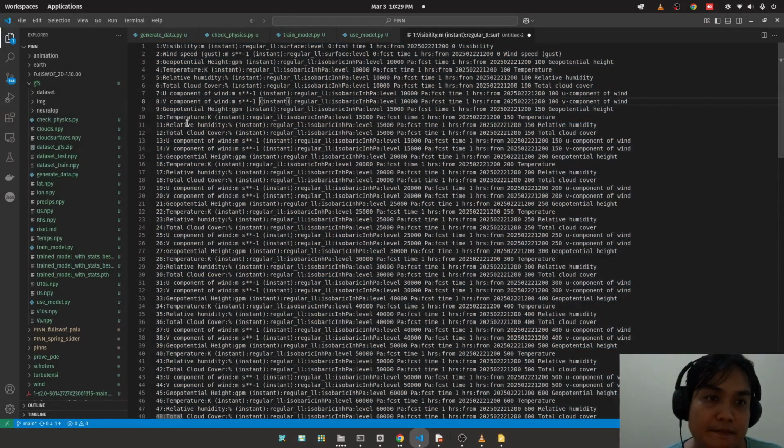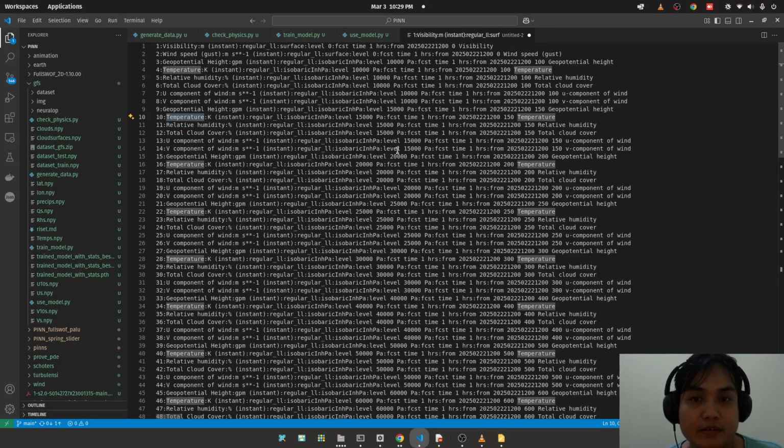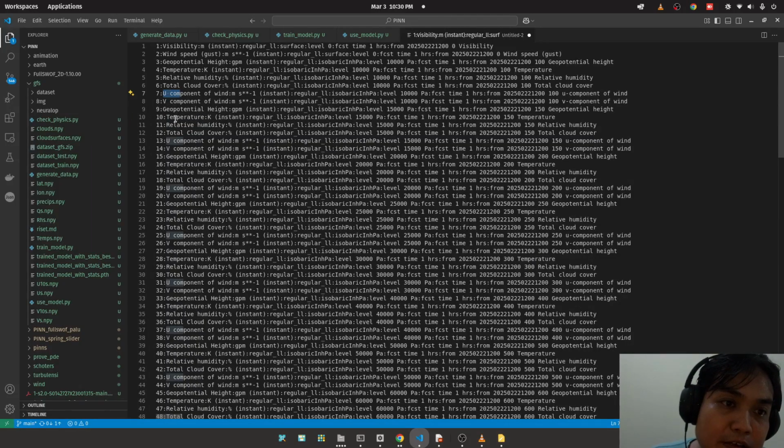Instead, we have relative humidity, temperature, and pressure. Actually, you see that U, V, temperature, geopotential, and relative humidity here are repeated, right? It's because they are presented at different levels, and the levels here are in pressure.